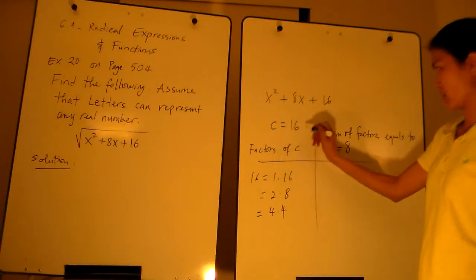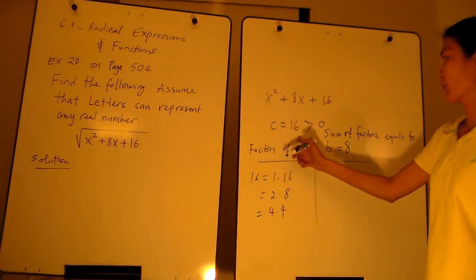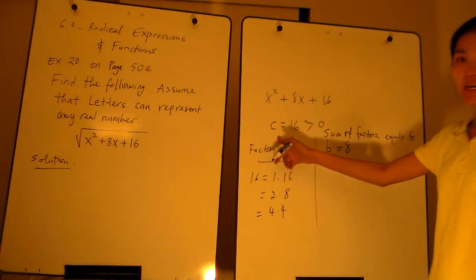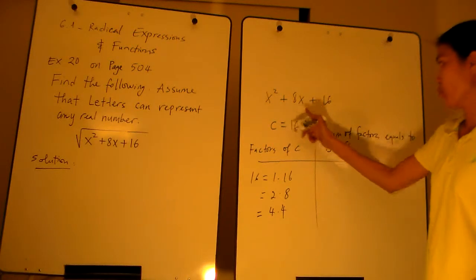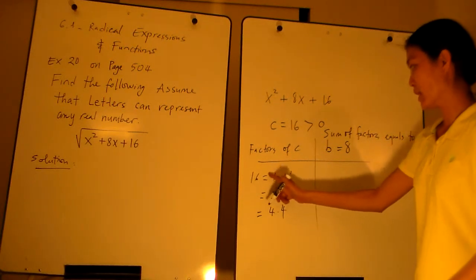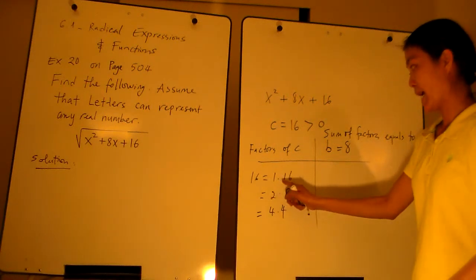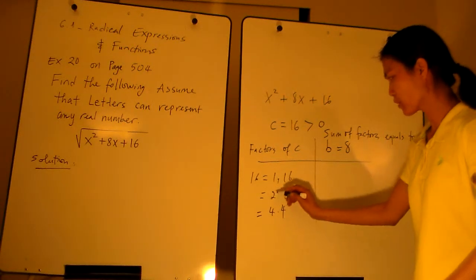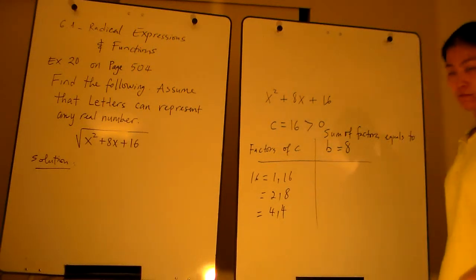Because c, 16, is positive, you know that the factors of c will have the same sign as b. Now b is 8 and positive, so these two factors will have a positive sign. So positive 1, 16, positive 2, 8, positive 4, 4.